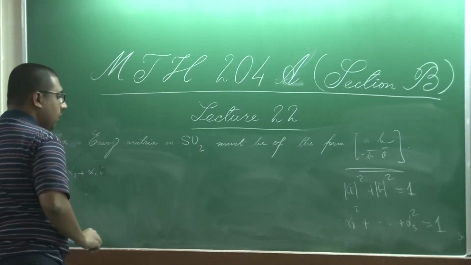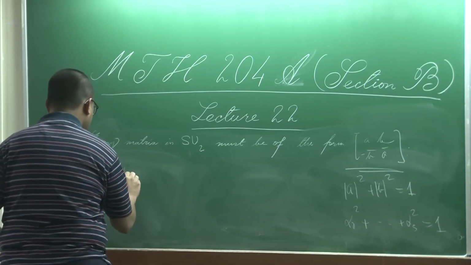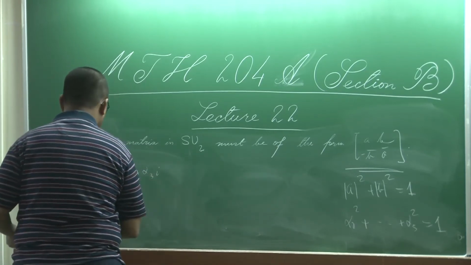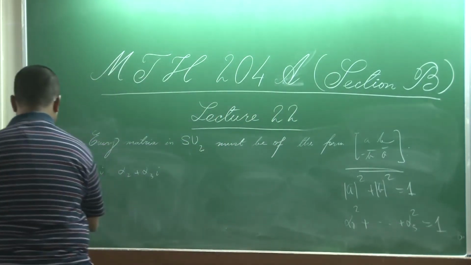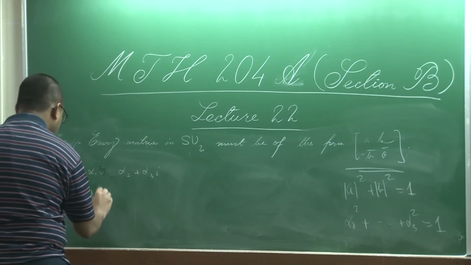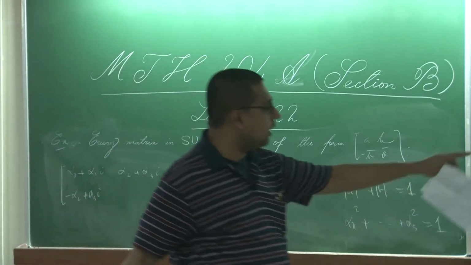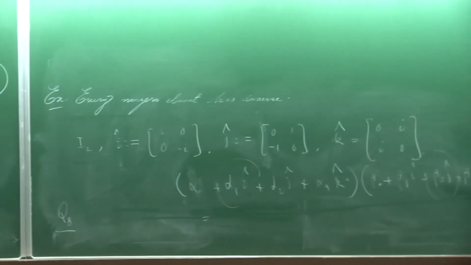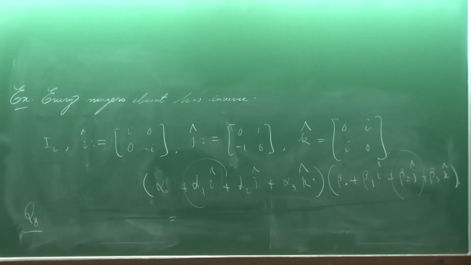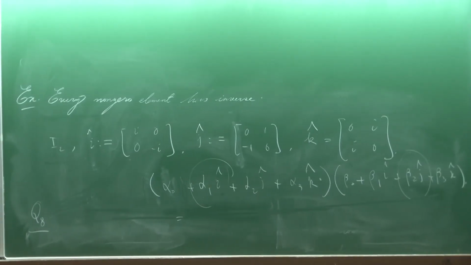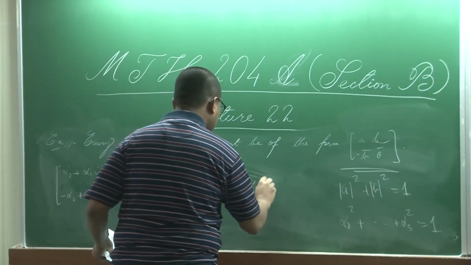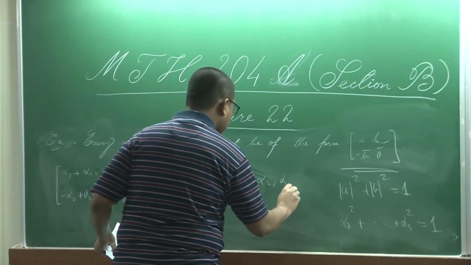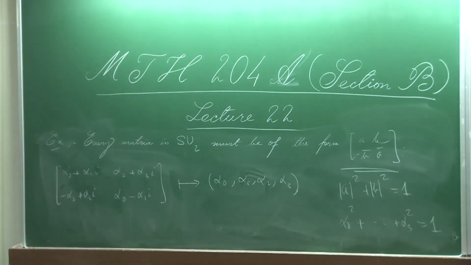Alpha 0 plus alpha 1 i, then alpha 2 plus alpha 3 i, and here minus alpha 2 plus alpha 3 i, and then alpha 0 minus alpha 1 i. Given any such matrix in SU2, we map it to the corresponding alpha 4-tuple, okay.